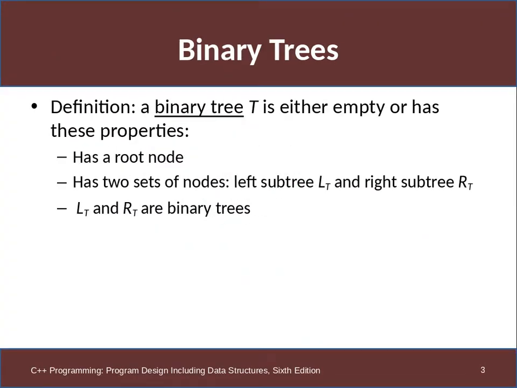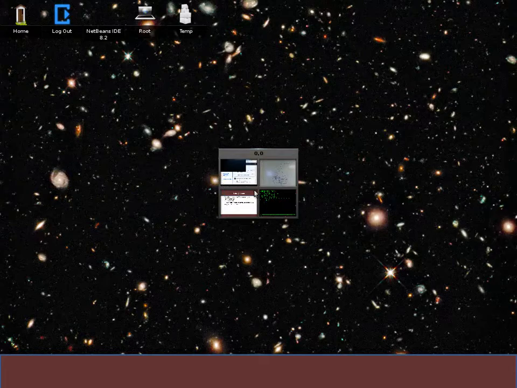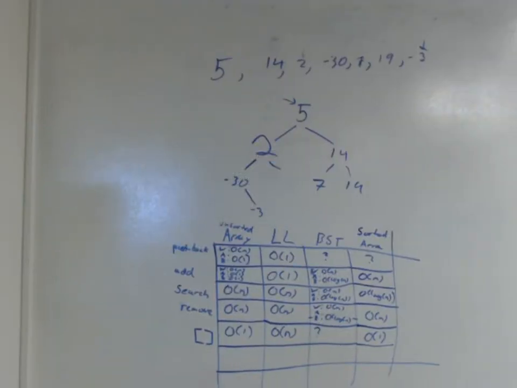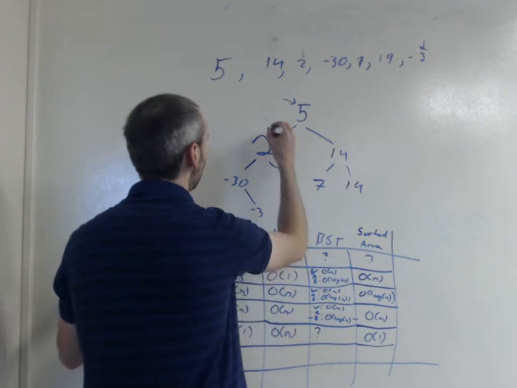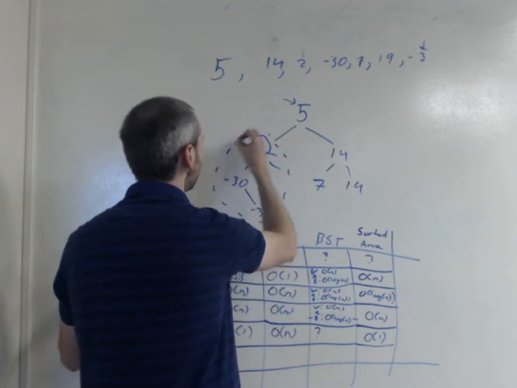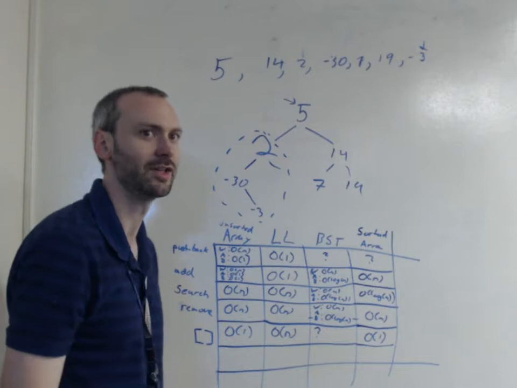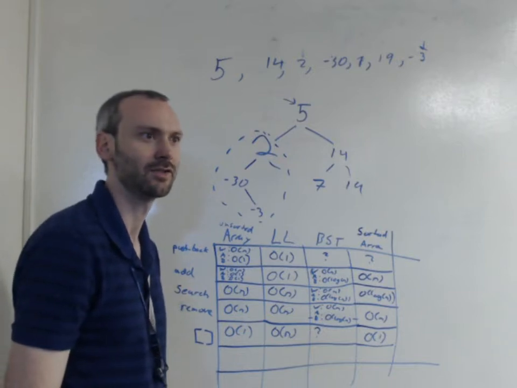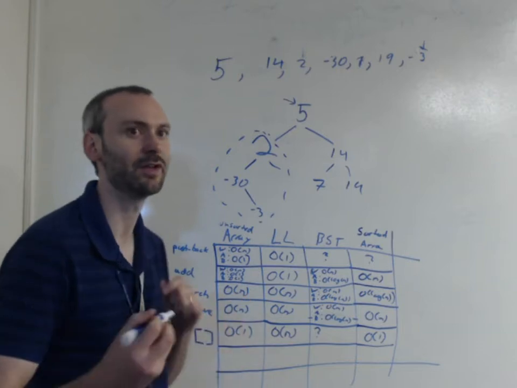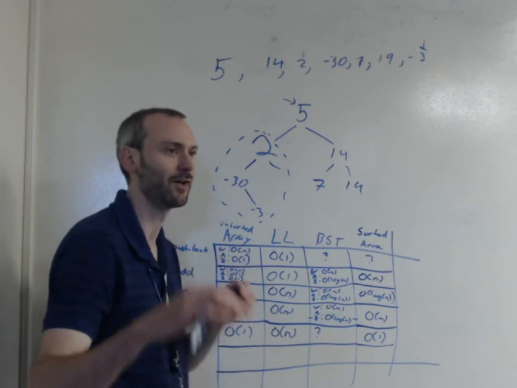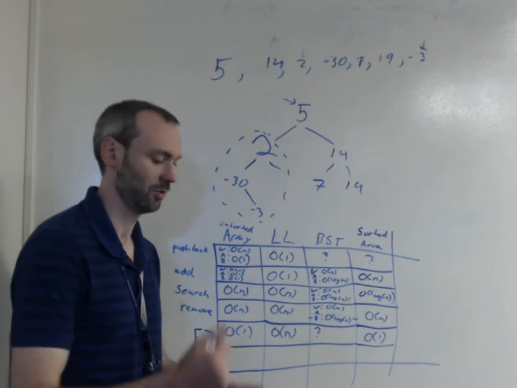All right, binary trees. It has a root node and each subtree is also a tree. It is very important to realize that this is a tree and this is also a binary tree. Y'all see that? If you think about this, the binary tree is really composed of a node and other binary trees.